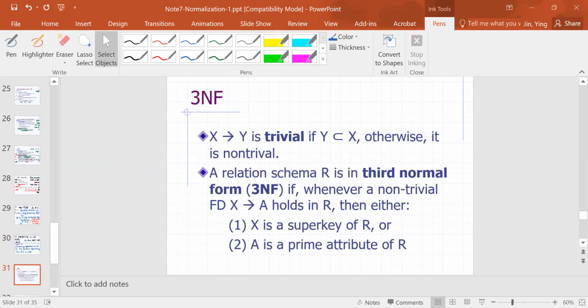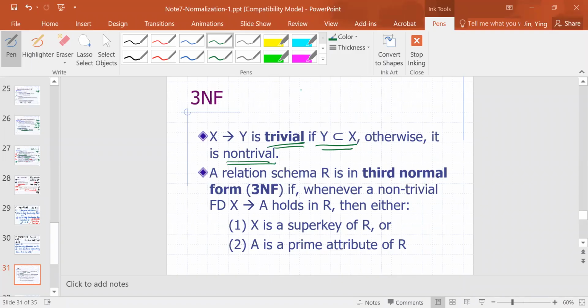So let's see the definition of a trivial functional dependency. It means if Y is a subset of X, then this is a trivial functional dependency, otherwise it's non-trivial. The reason we define this is because if Y is a subset of X, this is always true, right?